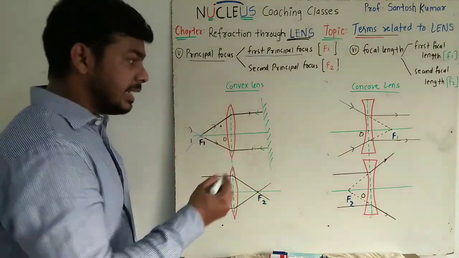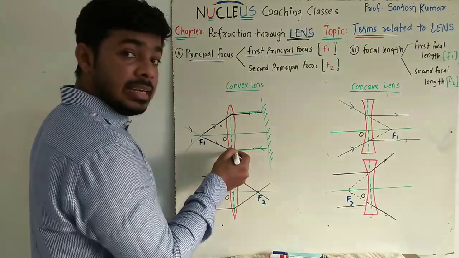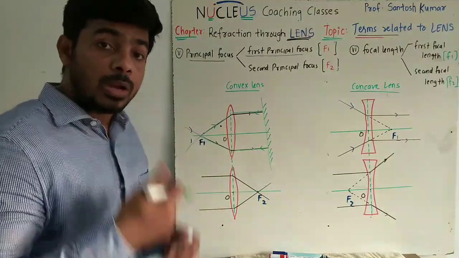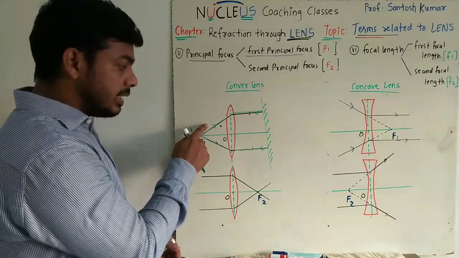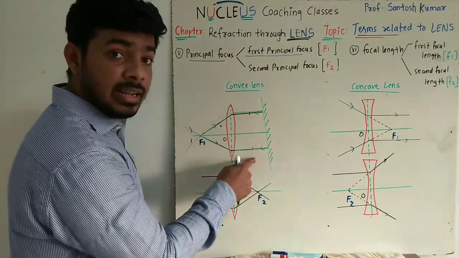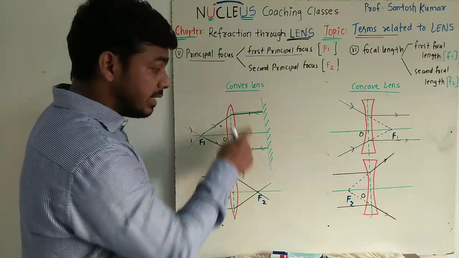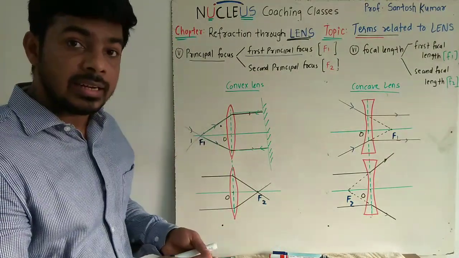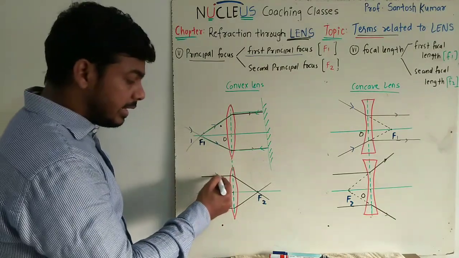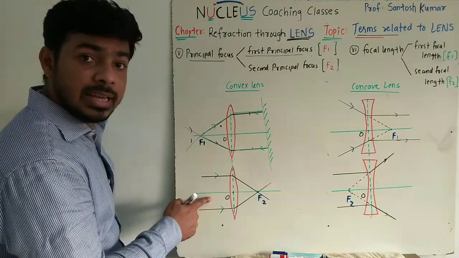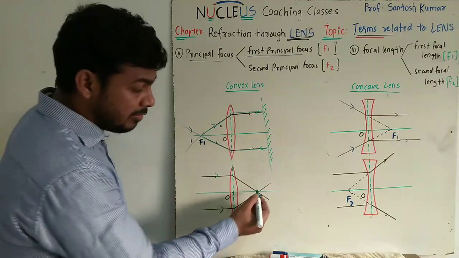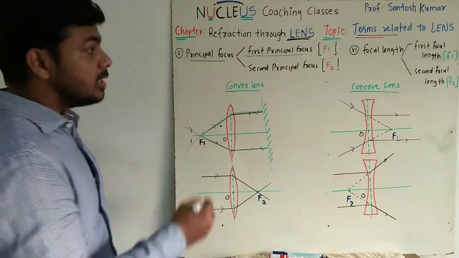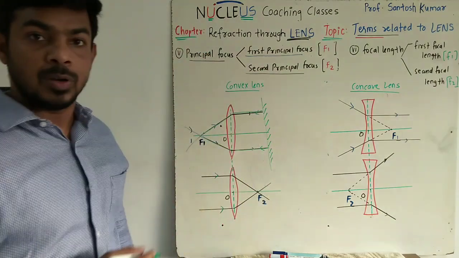Now for the second case, this becomes the incident ray, then definitely this ray becomes the refracted ray. So if I make refracted rays the incident rays, the incident ray becomes the refracted ray. That means here, if the rays are traveling parallel to principal axis, then definitely after refraction they will pass through a point on the principal axis. Such a point is called second principal focus.